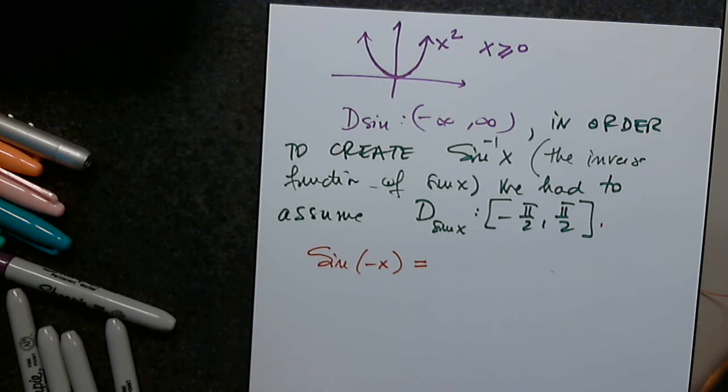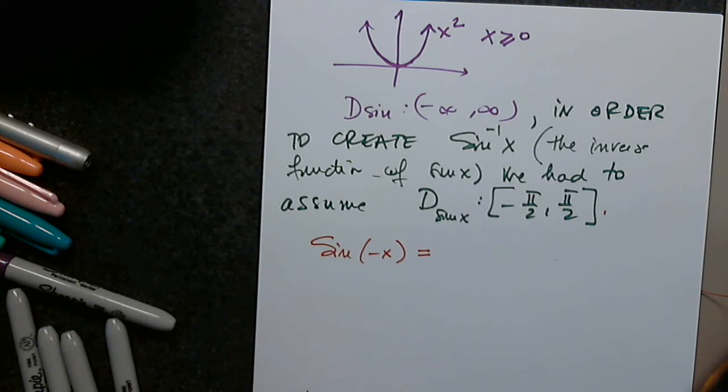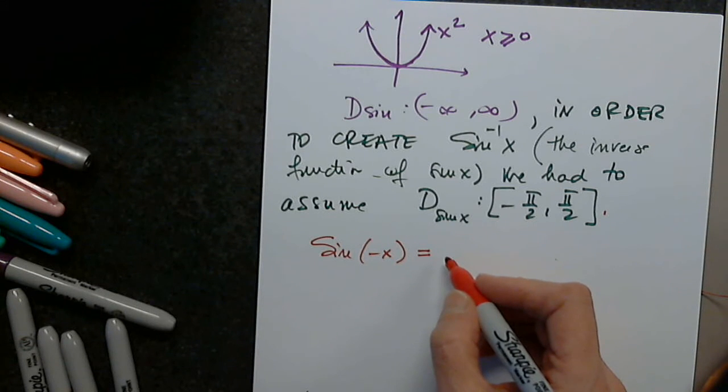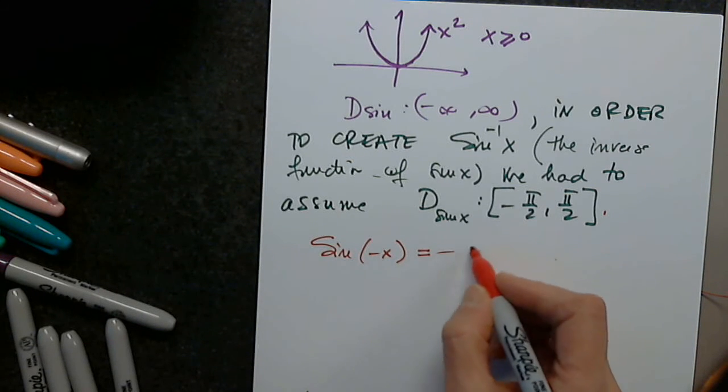And we already established what it is. So what would you tell me to write? Negative sine of x. Sine inverse of negative x is negative sine inverse of x, exactly. Okay.